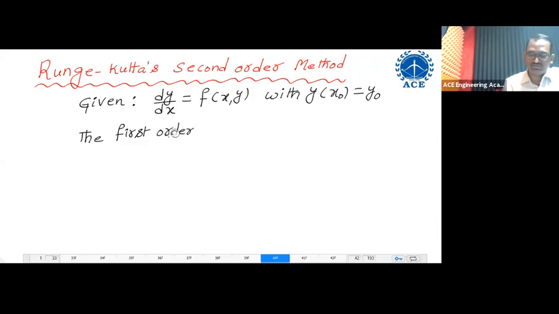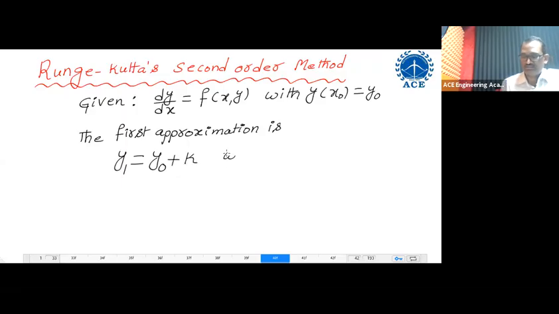The first approximation is y1 is equal to y0 plus k, where k is equal to k1 plus k2.